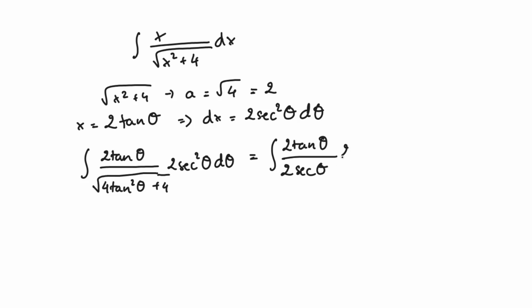So we rewrite the remaining: secant cancels secant and 2 cancels 2. Secant cancels 1 secant. So we have the integral of tangent theta secant theta, and the number 2.